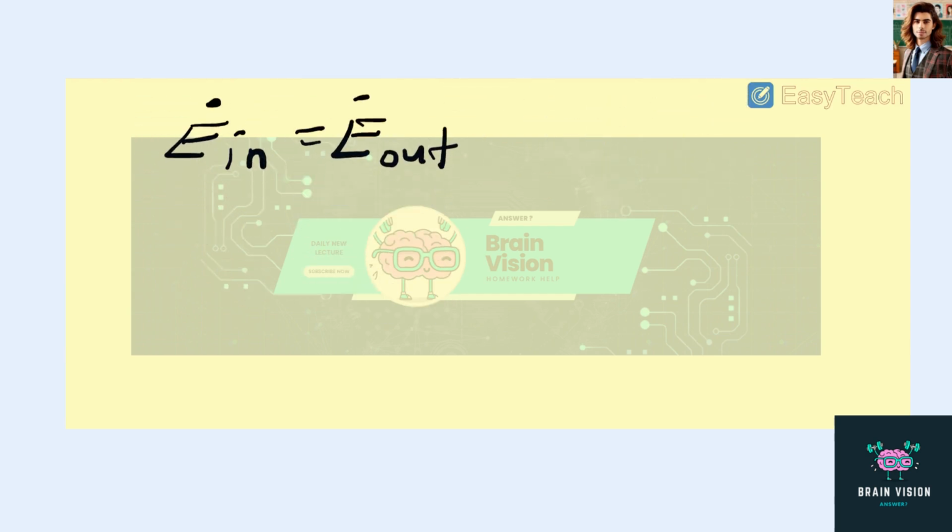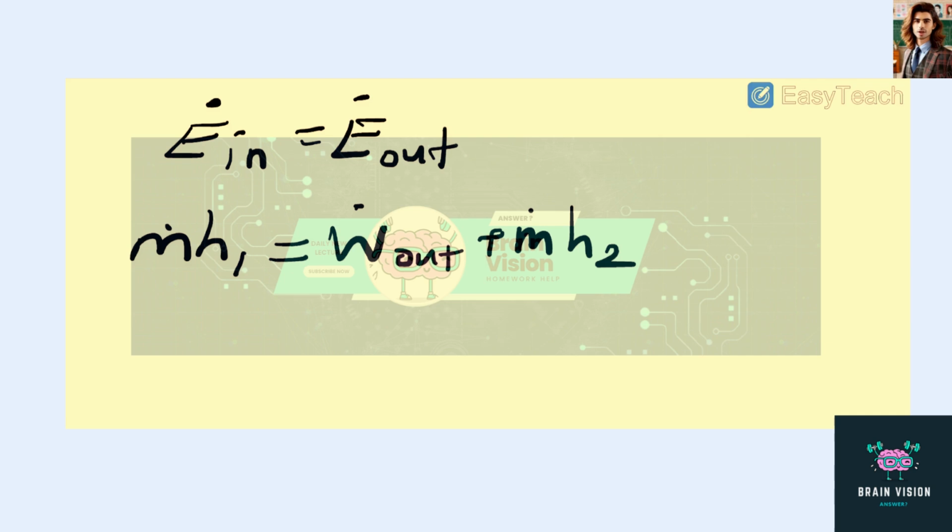Now we can further expand upon the constituents of these terms and say that the total energy coming in, m dot times the enthalpy h1, is equal to the shaft work plus the exiting enthalpy m dot h2.